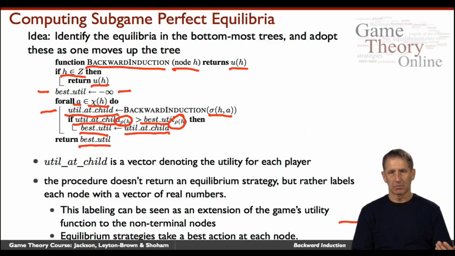But even though we don't explicitly return the equilibrium strategy, the one that will be subgame perfect, it's easy to read it off those numbers, because at every node, the agent will take the action that leads to the child node with the best utility from his point of view. So that is the procedure for computing subgame perfect equilibria, the backward induction.